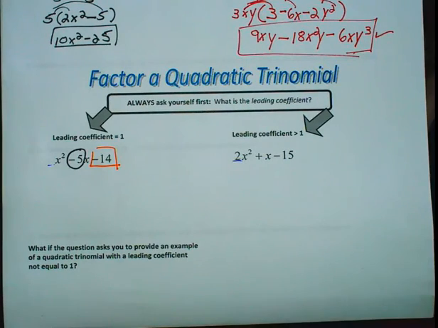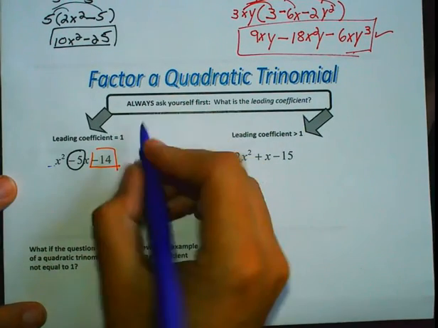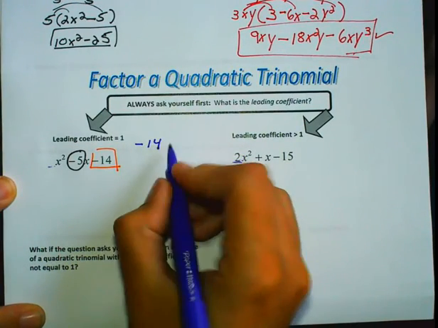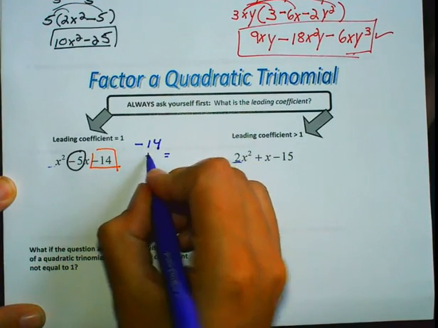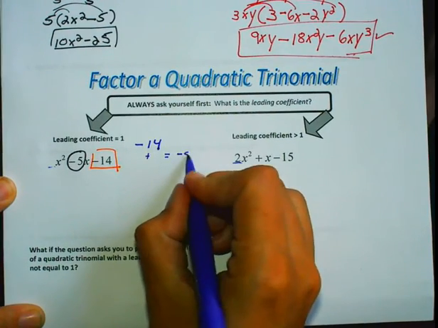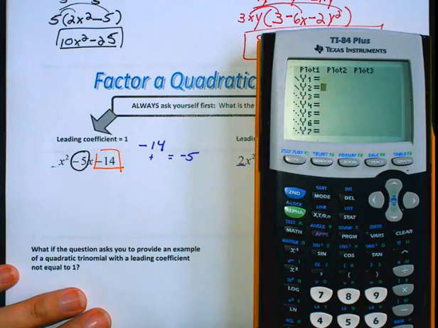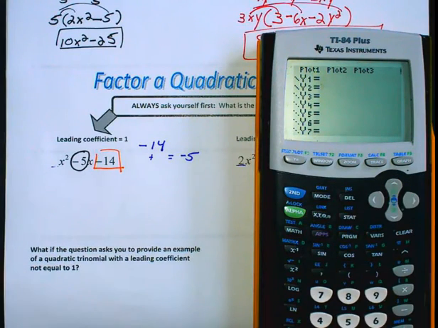You want to find numbers that multiply to negative 14 but add up to negative 5. Okay, there's a trick to do this in the calculator. You can sit there and try to find numbers that multiply to negative 14 and add to negative 5. However, if you do have a graphing calculator, there's a trick to do this.